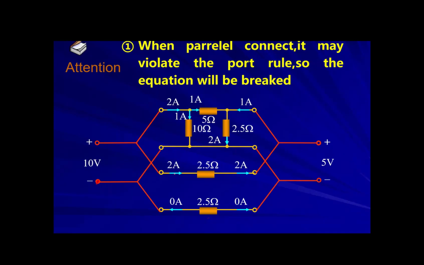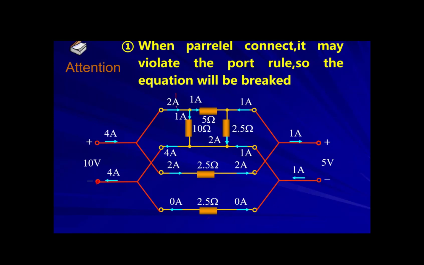This is 2 ampere. This will be 4. So this will be 4 also, but this is 0. This 2 ampere. This is 1 ampere. So this will be 1 ampere. And this will be 1 ampere also. This is 0. So this will be 4. This will be 1 ampere.